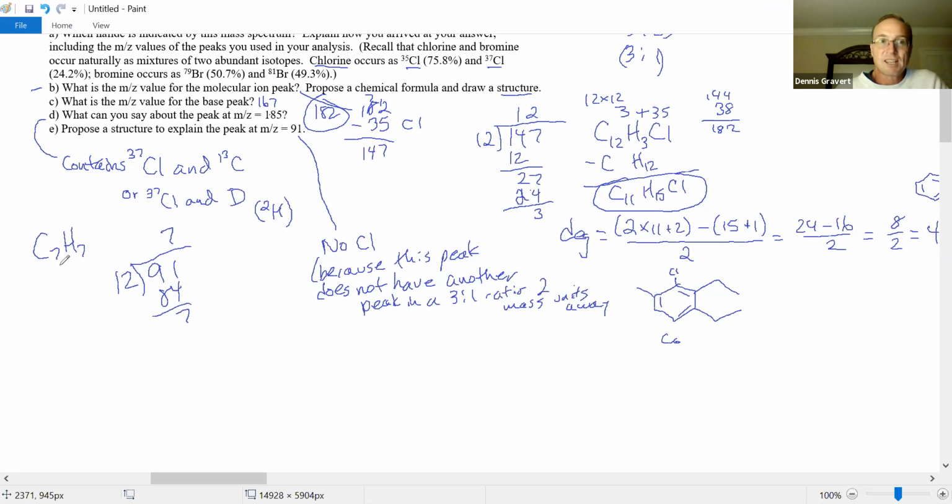Let's count the degrees of unsaturation. And if you forget that's a fragment, you might get a weird answer. And let's show you what the weird answer is. Count up the degrees of unsaturation. So 2 times the number of carbons plus 2 more, minus the actual 7. No adjustments. There's no nitrogen. There's no halide.